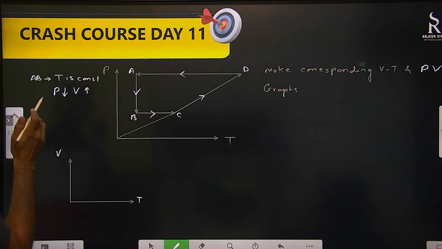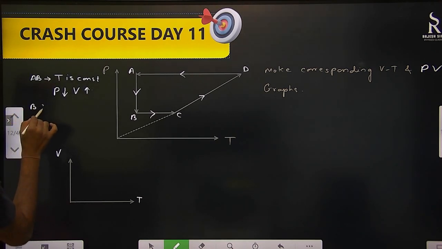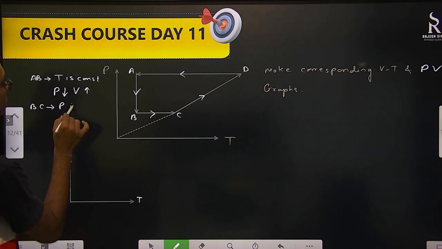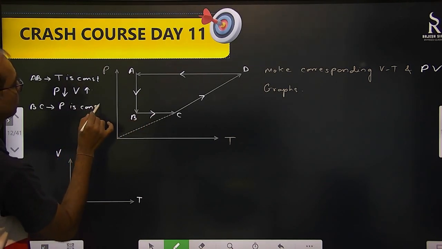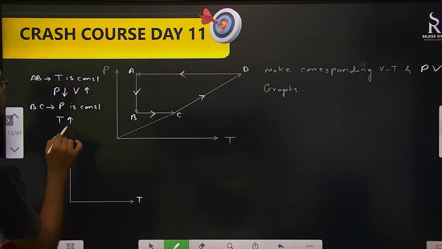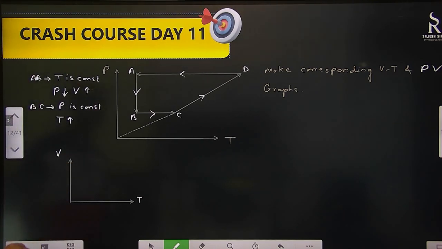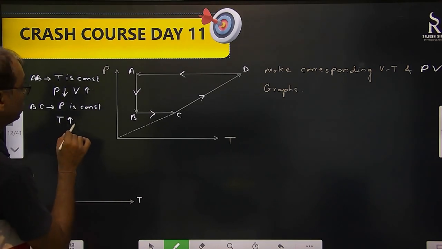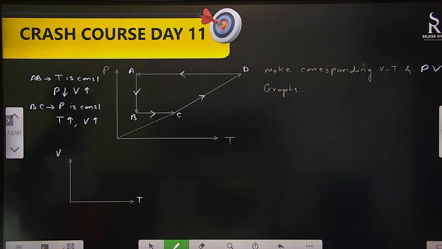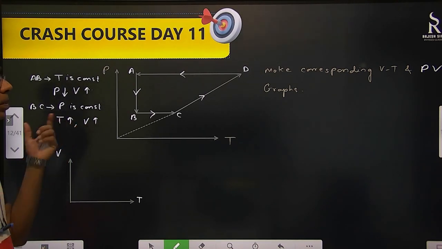Okay, BC. BC is constant pressure. What about temperature? Temperature is going up. Temperature going up means volume also goes up, because P is constant. So volume will be proportional to temperature.